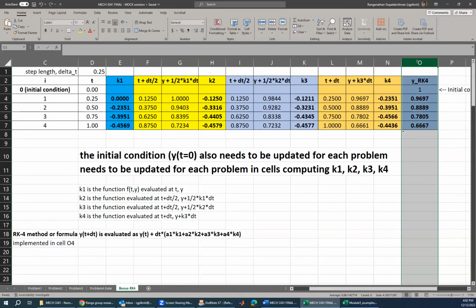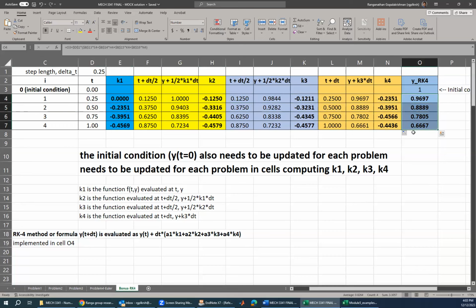If you do this as a hand calculation, what you would do is first compute 4 values of k1, k2, k3, k4, get this number, and again do 4 calculations, that is k1, k2, k3, k4, get this number. If you are going to do this for 4 rows, that is 4 values per row and 4 such rows, that is 16 calculations that you have to do in order to get this column done.